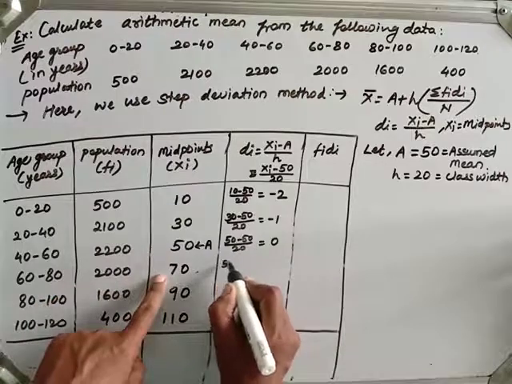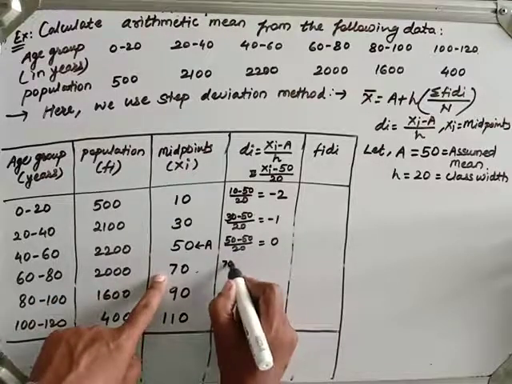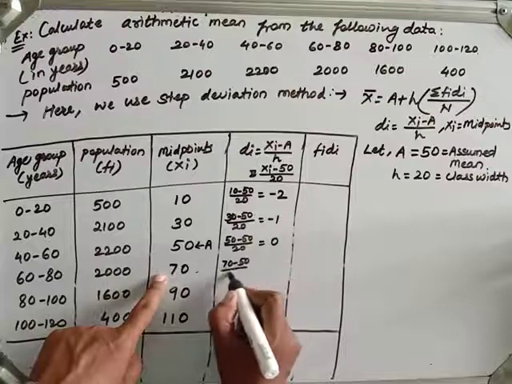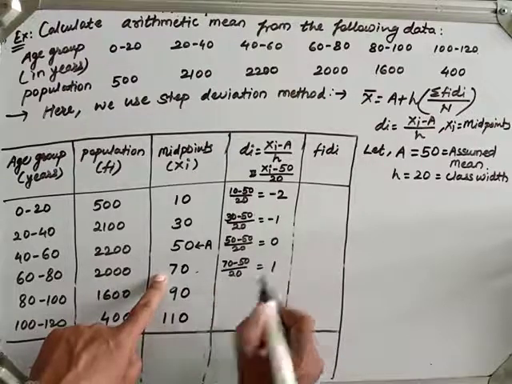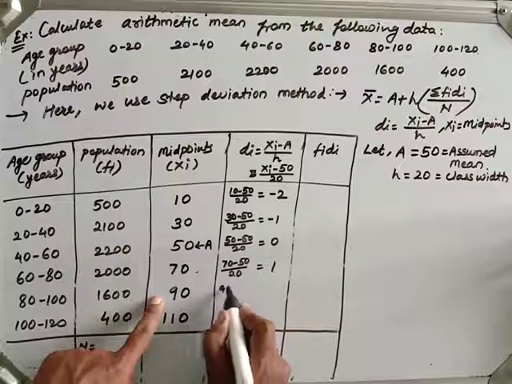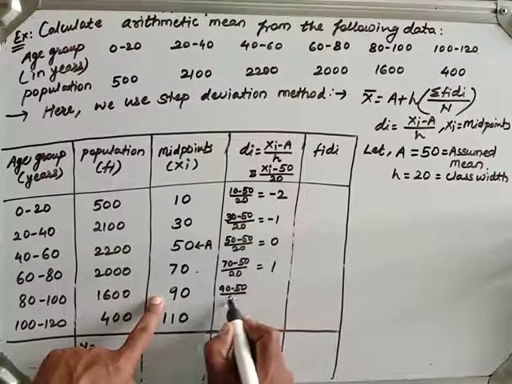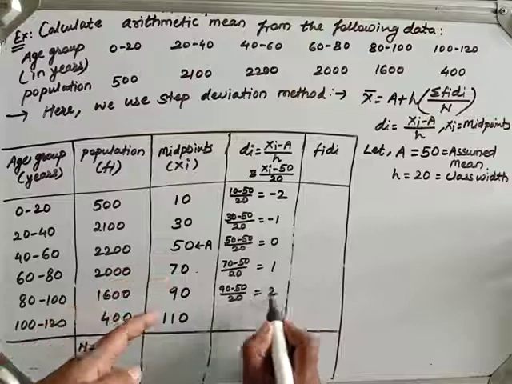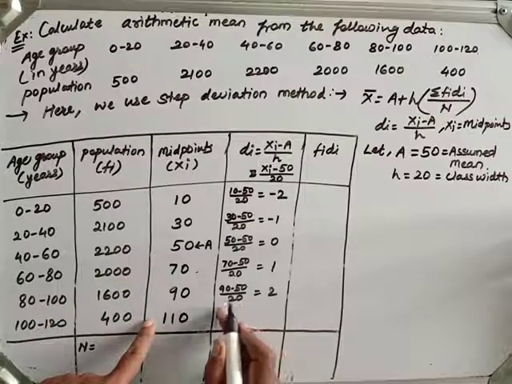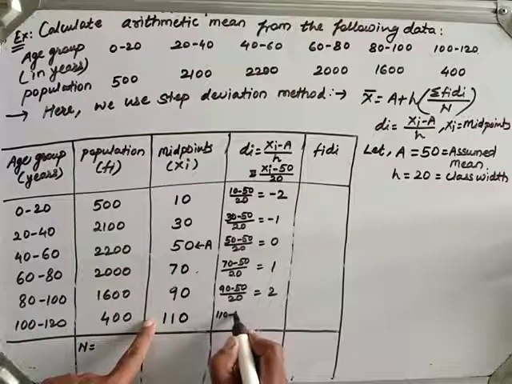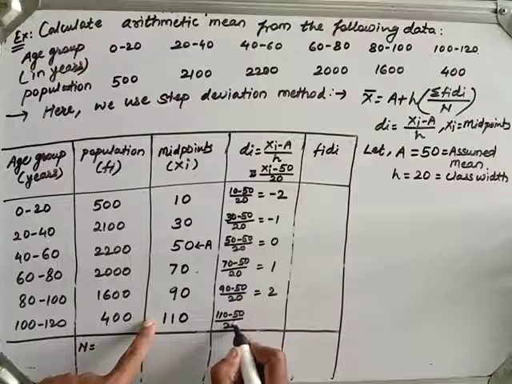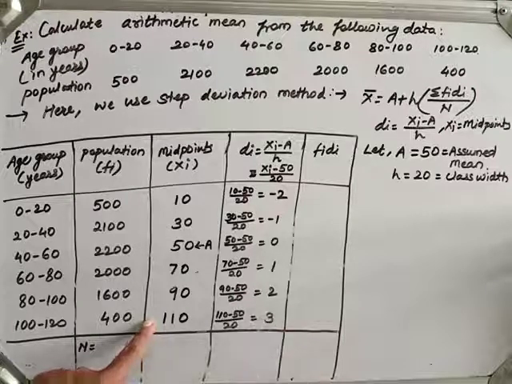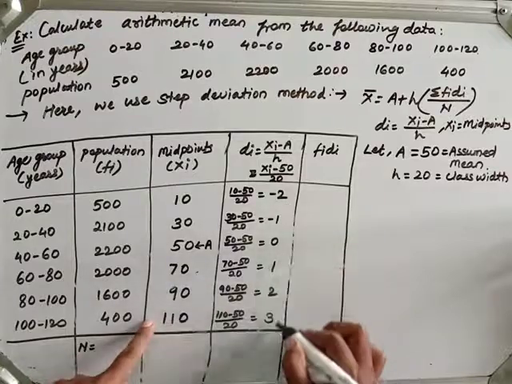Here 70 minus 50 upon 20, so it will be 1. Here 90 minus 50 upon 20, so it is 2. And 110 minus 50 upon 20, so that is 3. As such, these are our di's.